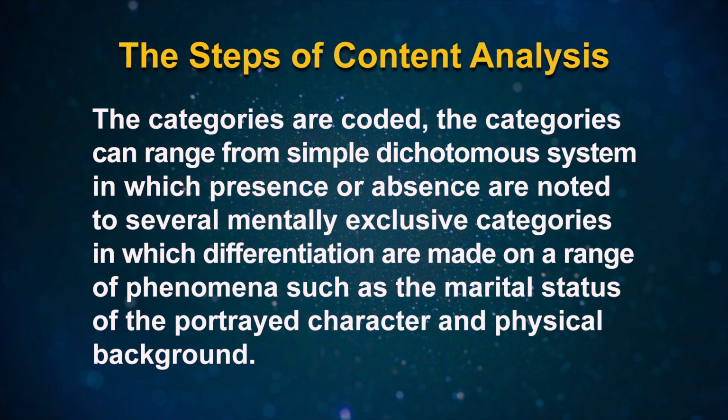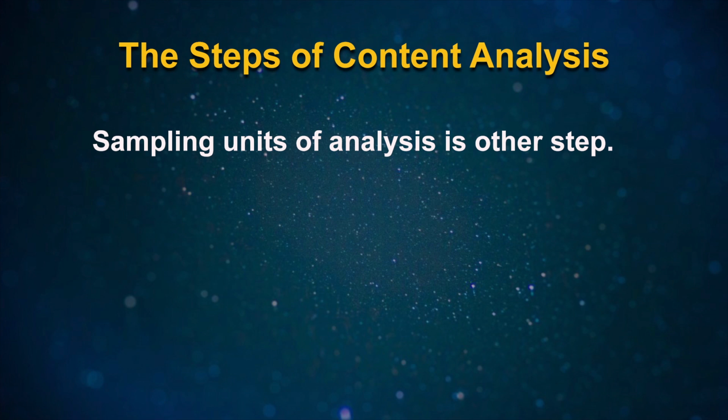The categories can range from a simple dichotomous system in which presence or absence are noted to several mutually exclusive categories in which differentiations are made on a range of phenomena such as the marital status of the portrayed character and physical background. Sampling units of analysis is another step.